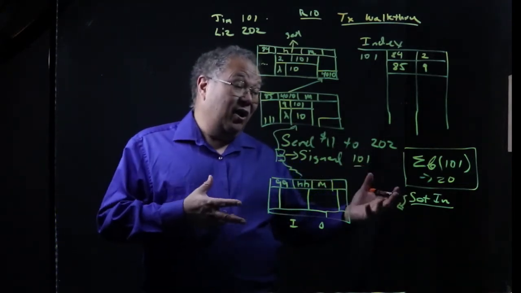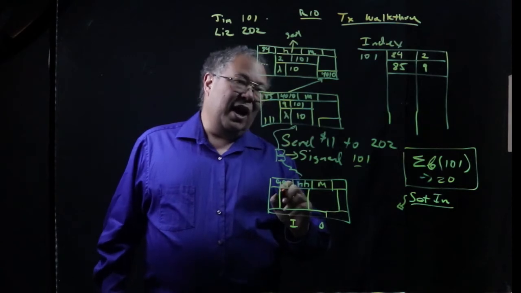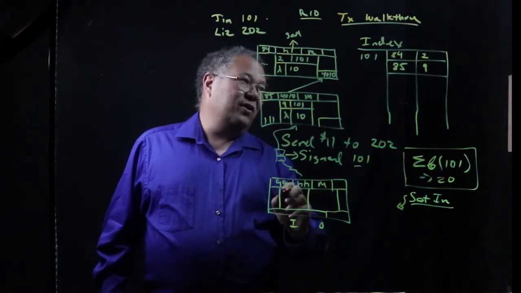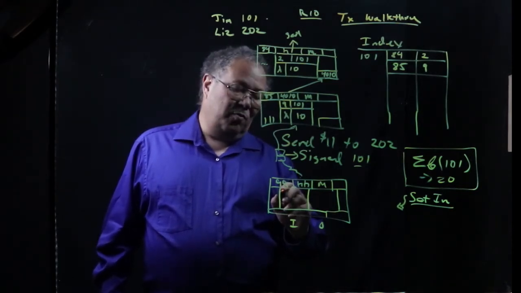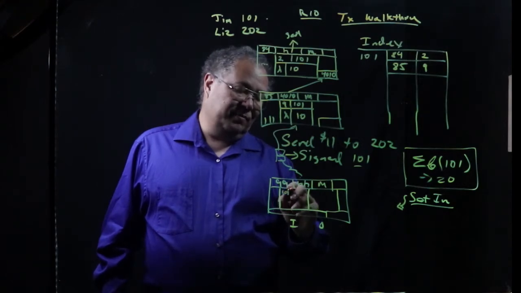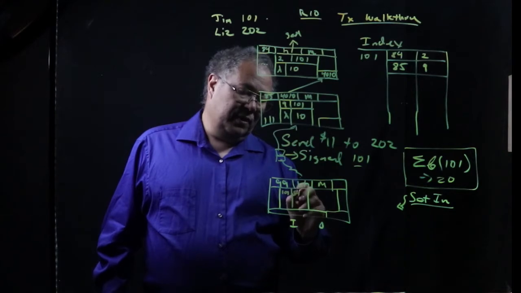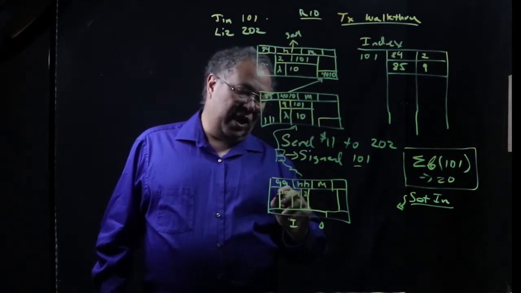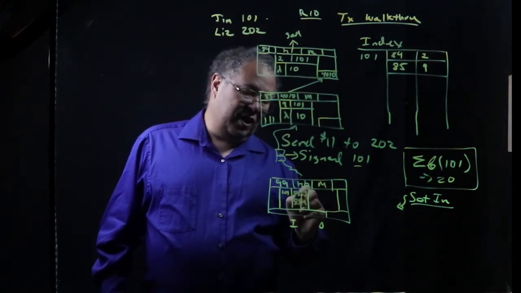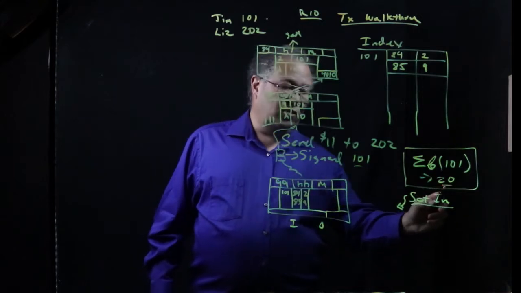It's an array of these inputs, and we're going to say that in that array there is from 101, his account, in block 84, at position 2. And from 101 in block 85 at position 9. We know his total.